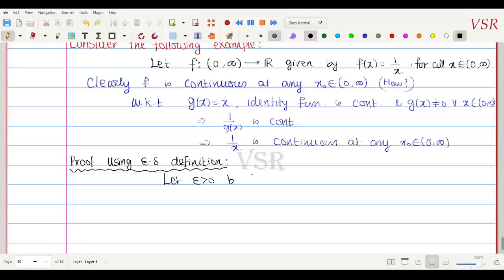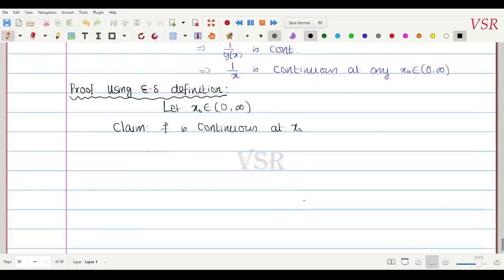First, let x naught belong to the open interval 0 comma infinity. The claim is that f is continuous at x naught. This is what I am going to prove.